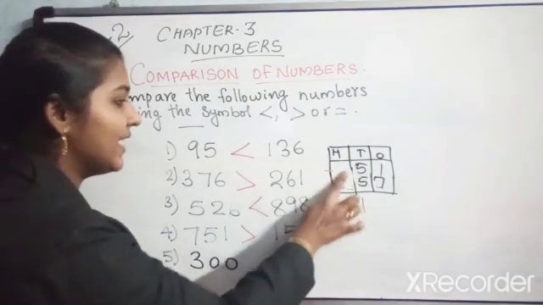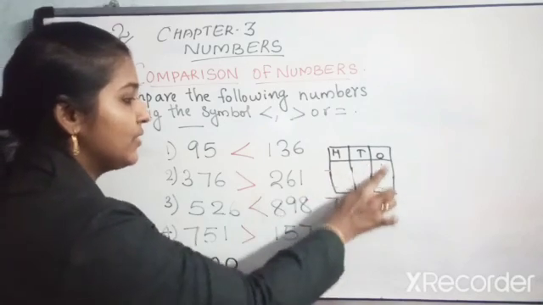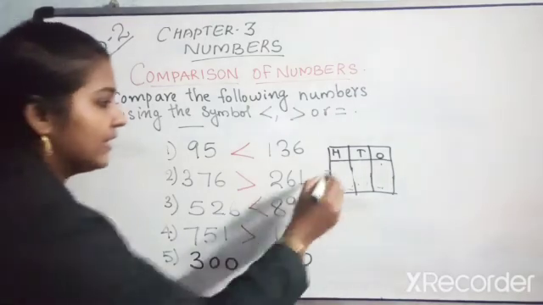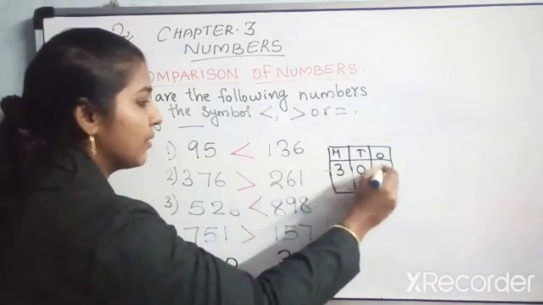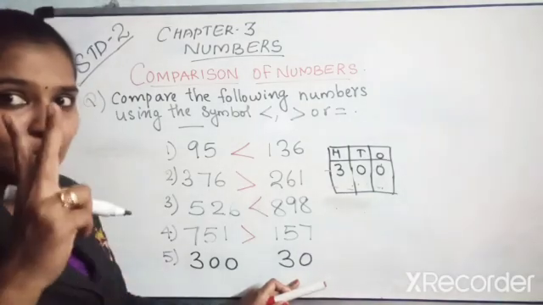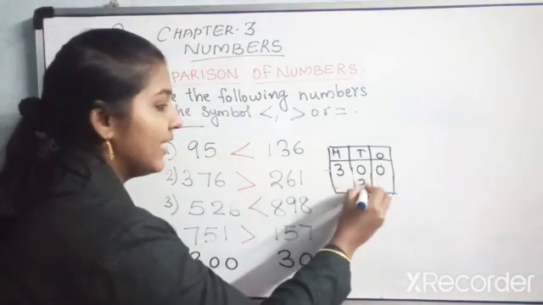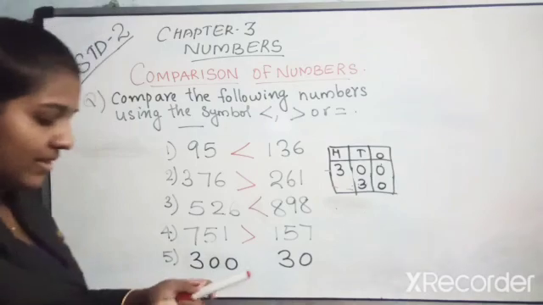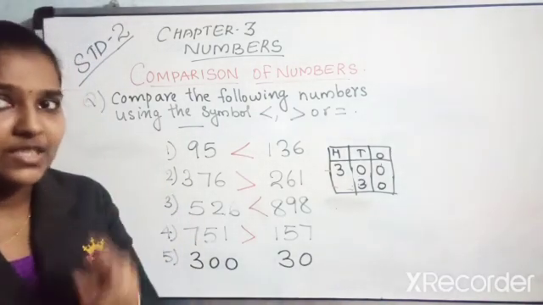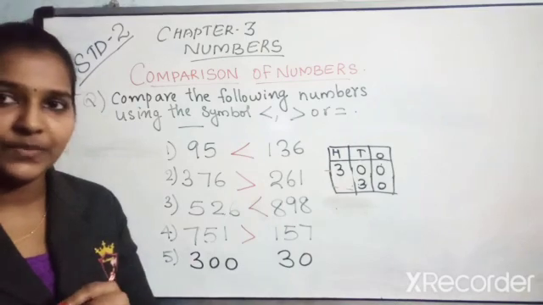It is 300. So I am going to arrange these numbers on the place value chart. 300. But look at the next number, it is 30. It has only 2 digits. That is tens place digit and ones place digit. So we know the 2-digit number is always smaller than a 3-digit number, isn't it?